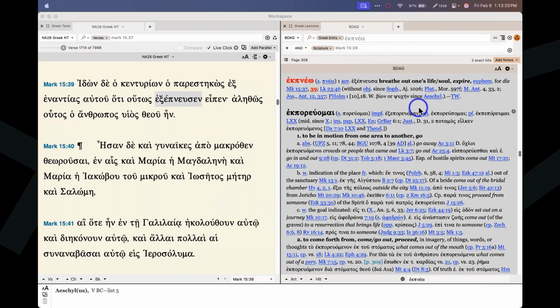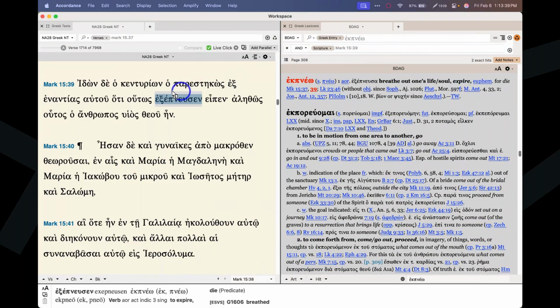So you could translate this, Jesus died. You could also translate it as Jesus breathed his last. I don't know that you would translate it as Jesus expired, even though we get that as a translation equivalent here in BDAG. That might be older English.